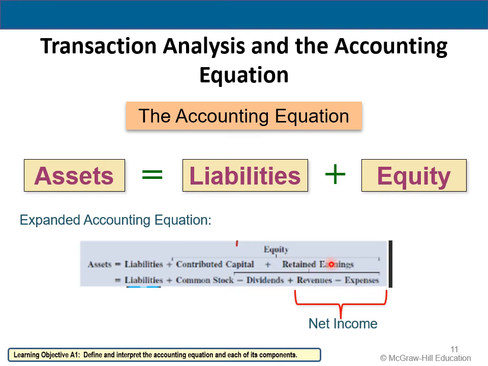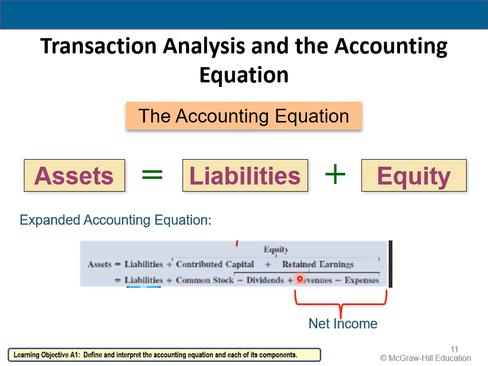Whereas retained earnings are, well, as the name indicates, the earnings from prior periods. All right. Common stock is like investments in the company. Dividends are really money paid to common stockholders. That's also a component of equity.